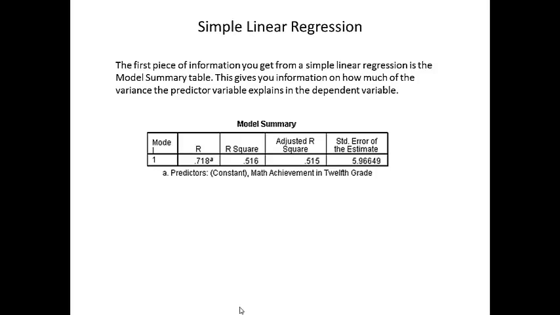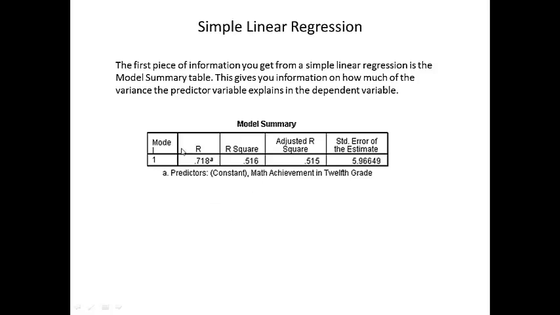The first piece of information that we get from regression is the model summary table. This tells you how much of the variance the predictor variable explains in the dependent variable. It's our correlation squared, and we see that it's 0.516.